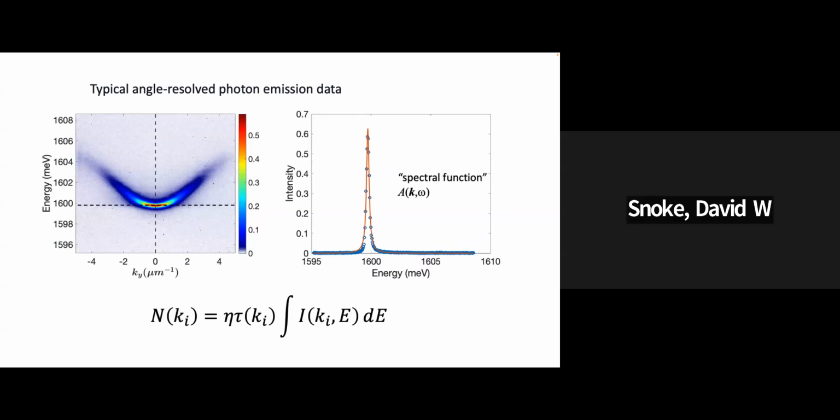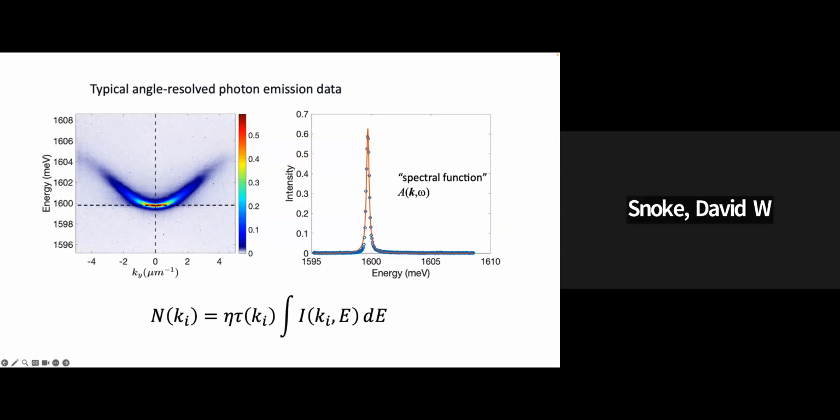So just a little bit of detail about this. Here, this is data in which we are angle resolving, and that just directly tells us the momentum of the particles. And so we read off that dispersion relation that I showed you before. This is just directly readable in the data that we have. You can measure their dispersion relation. If you take a cut in the vertical direction, that corresponds to the spectral function.